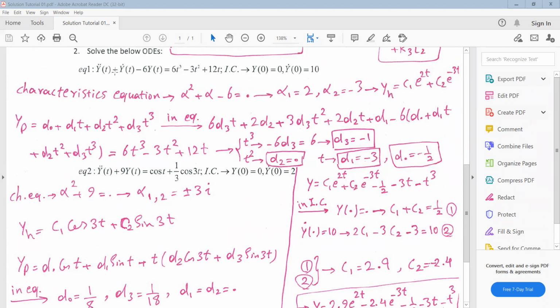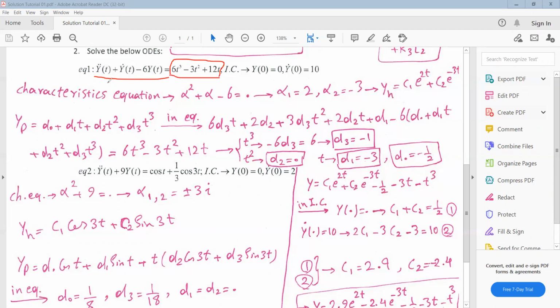The first one, you can see we have y double dot plus y dot minus 6y equals 6 times t cubed minus 3t squared plus 12t. So this is a non-homogeneous equation of order 2 with a non-homogeneous term which is a polynomial of order 3.